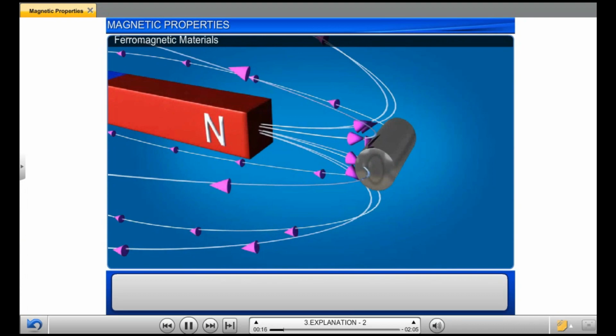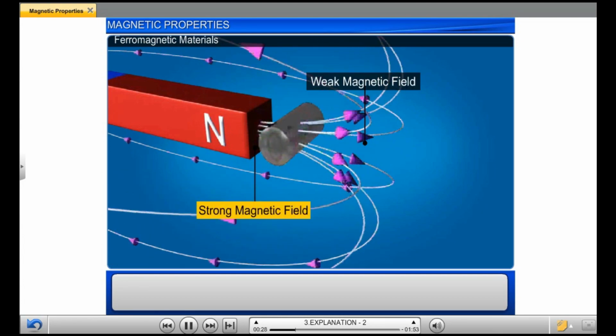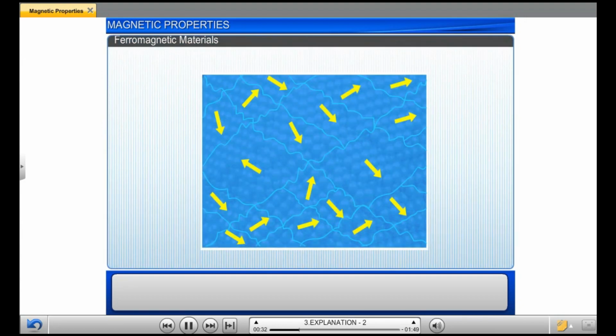When a bar of ferromagnetic material is placed in a non-uniform external magnetic field, it has a strong tendency to move from a region of weak magnetic field to a region of stronger magnetic field. In solid state, the metal ions of ferromagnetic substances are grouped together into small regions called domains.